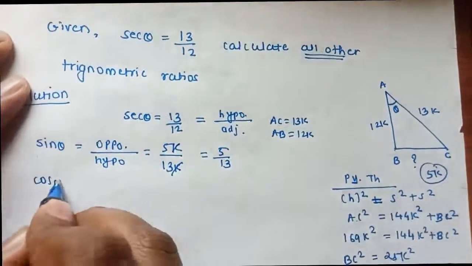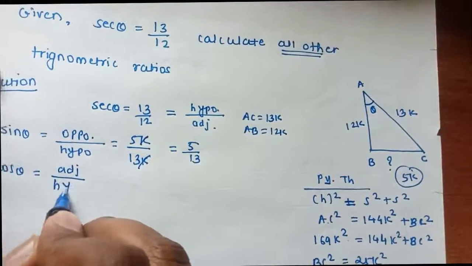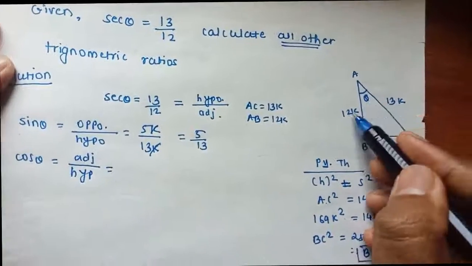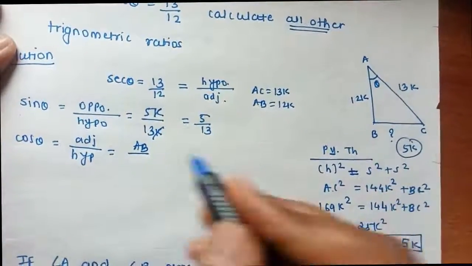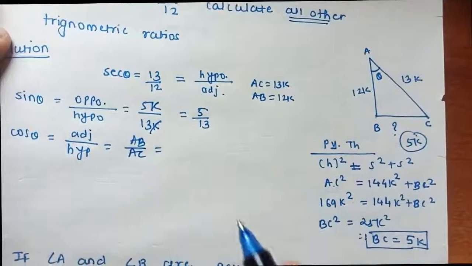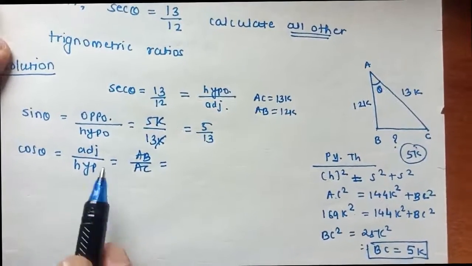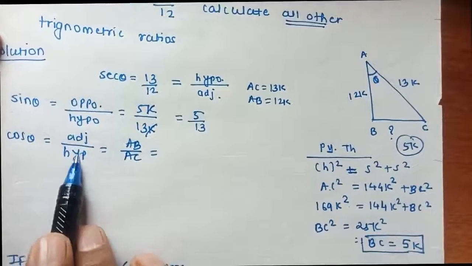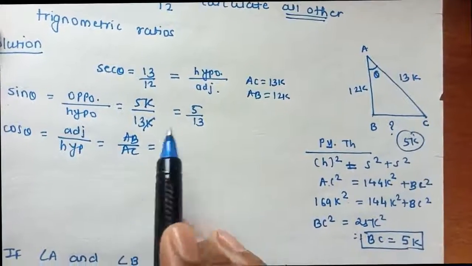Next is cos theta is equal to adjacent side upon hypotenuse. So adjacent side to theta is AB upon hypotenuse is AC. See, once you have practiced very well, then no need to write this 2 times, adjacent, hypo. For the triangle you can directly write which one is hypotenuse, which one is adjacent, just the names.